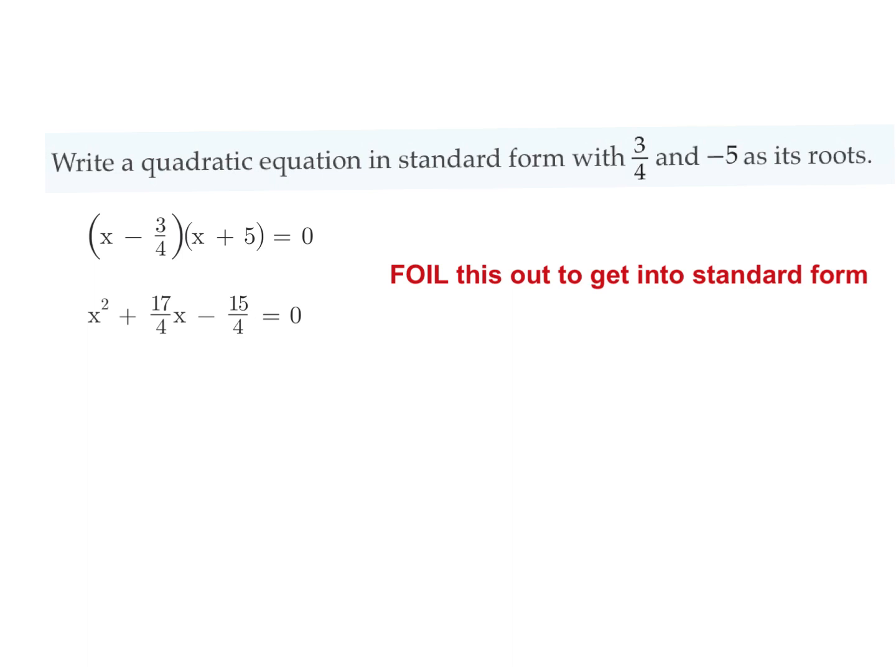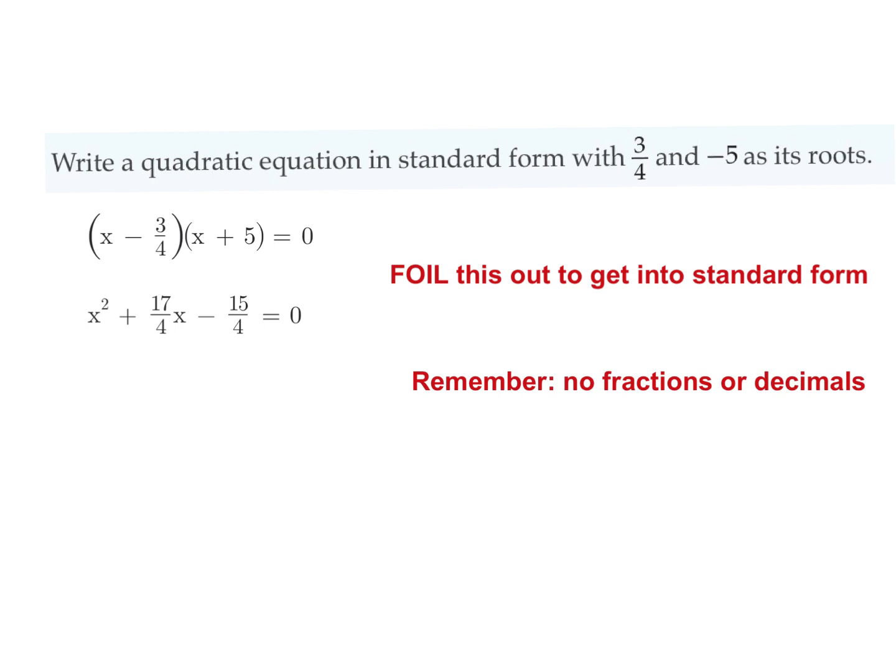Now, is this in standard form? What was true about A, B, and C? What couldn't they be? Fractions, no decimals, so we got to keep going here. Okay, so when we're talking about standard form, that means no fractions, no decimals.